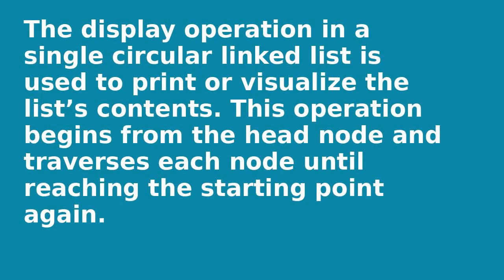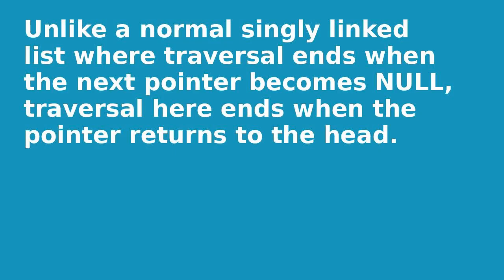The display operation in a single circular linked list is used to print or visualize the list's contents. This operation begins from the head node and traverses each node until reaching the starting point. Again, unlike a normal singly linked list where traversal ends when the next pointer becomes null, traversal here ends when the pointer returns to the head.